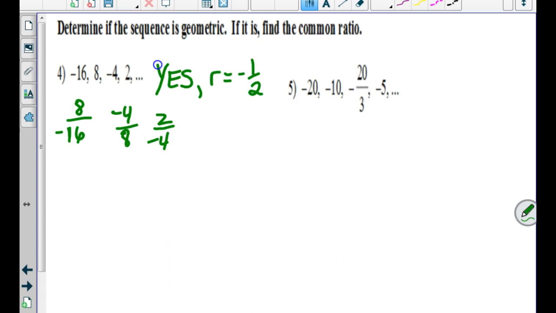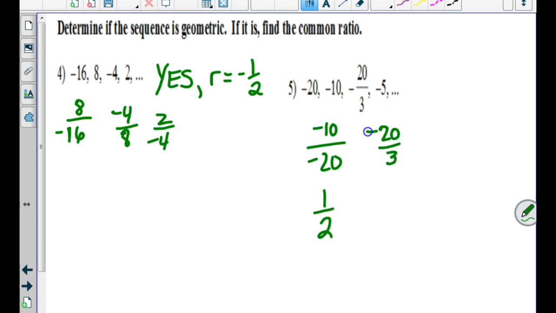Is it possible for a sequence to be negative, negative, negative, negative, negative? Yeah, if what you're multiplying by is positive, right? And you start with a negative, does that make sense? But let's see if that works. Negative 10 over negative 20, that would just be a half, right? I don't think this is going to work, is it?